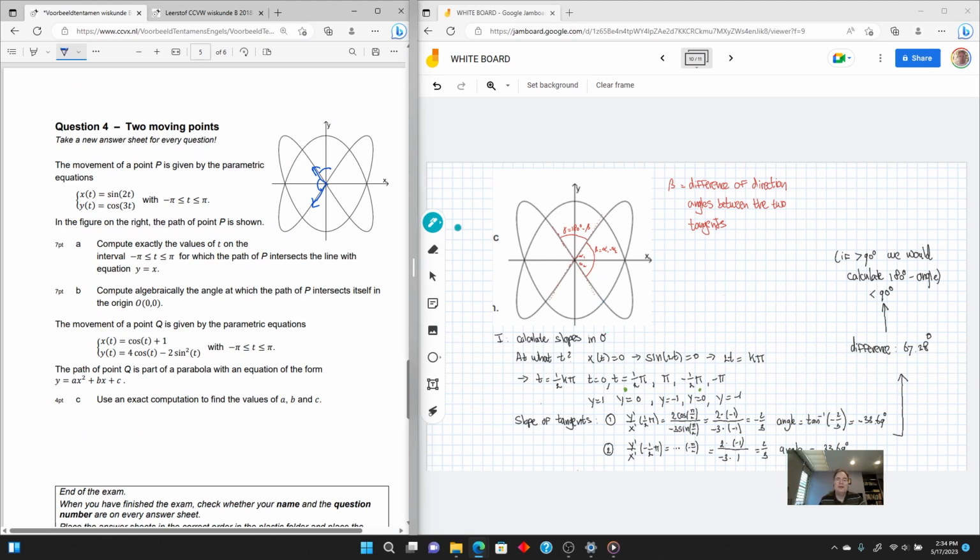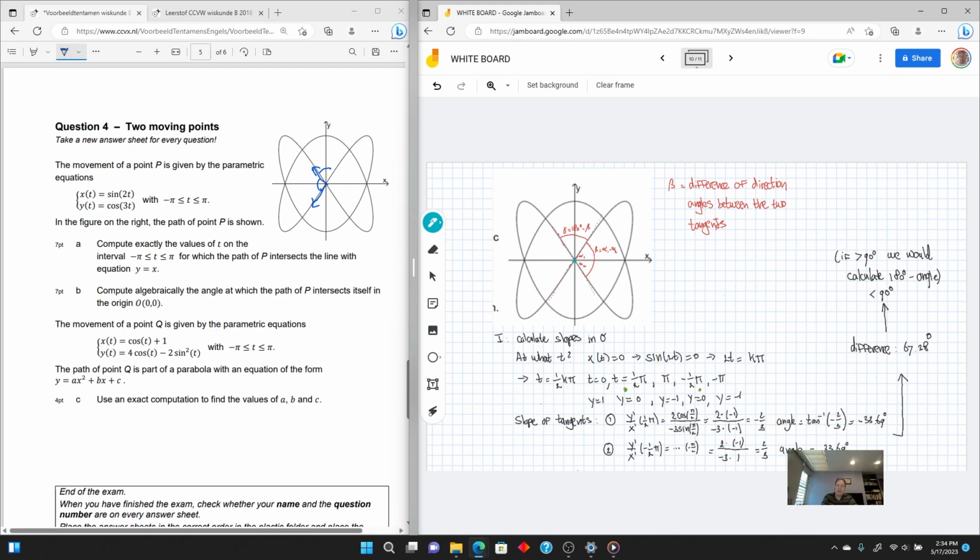Oh, and the other thing is, well, at what t do we need to evaluate it? When is it in the origin, right? So actually the first thing we need to do is find out for which t we are here. And that means that the sine of 2t, x has to be 0. And note, when x is 0, you could actually have some y being non-zero.